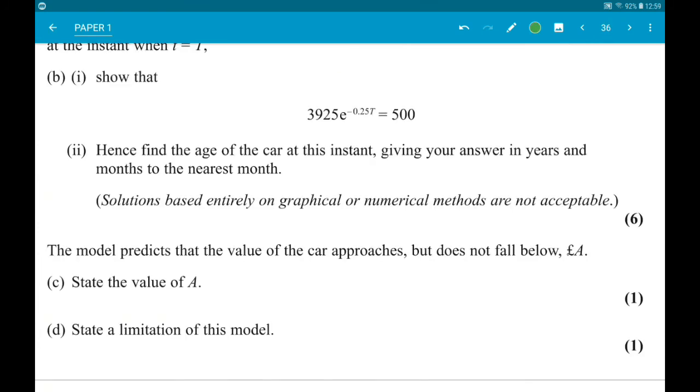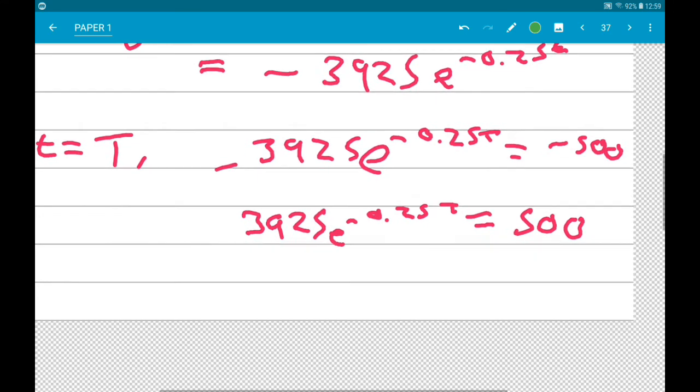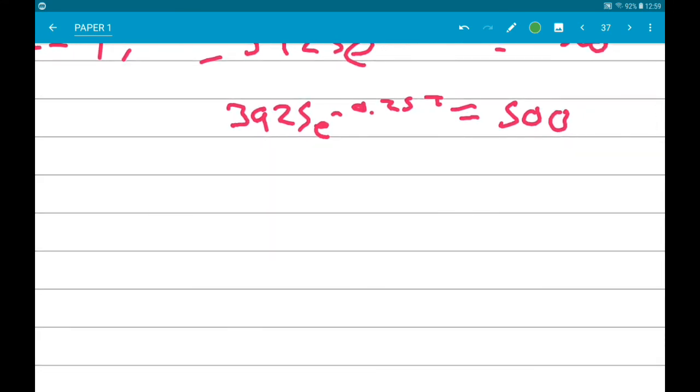Part 2 then wants us to find the value of t at this instant. So we are now solving this. So, divide through by 3925. So e to the minus 0.25t is 500 over 3925.